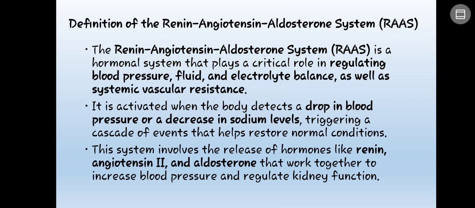So at the end of the process, what your body seeks to achieve with this system is that your blood pressure will be properly controlled, your fluid and electrolytes will be balanced, and your systemic vascular resistance will also be properly regulated. This is the main reason for the occurrence of this process.